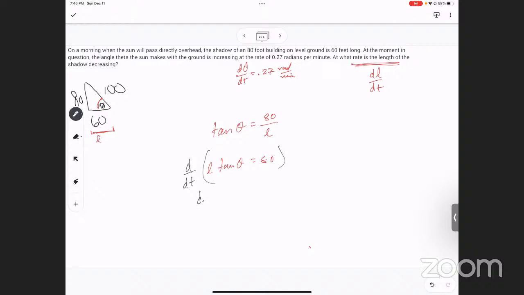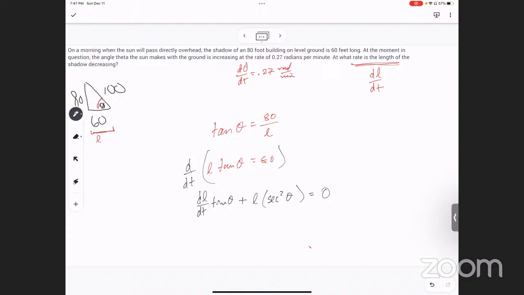So dl dt times the tangent of theta, plus L times, what's the derivative of tangent? Secant squared theta, equals 0, because the derivative of 80 is just 0.